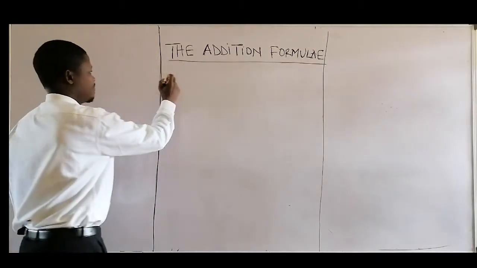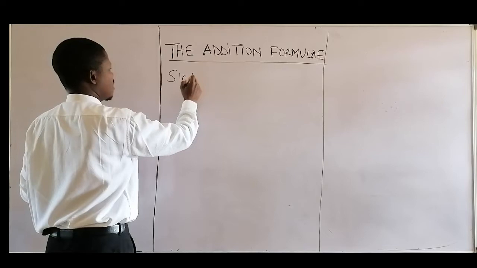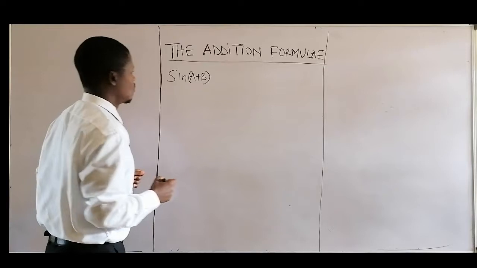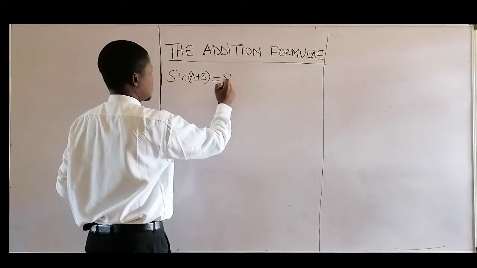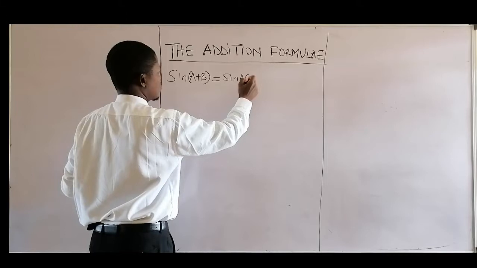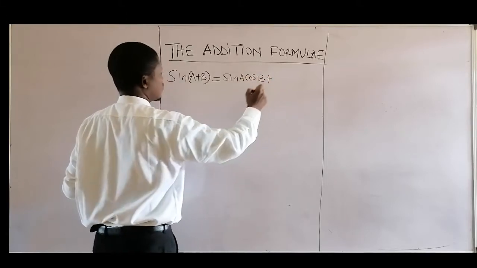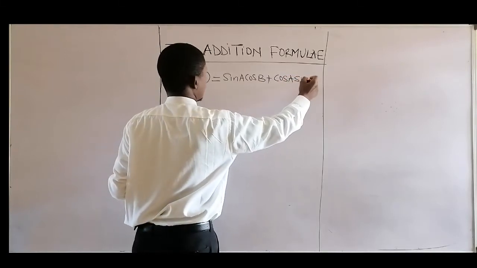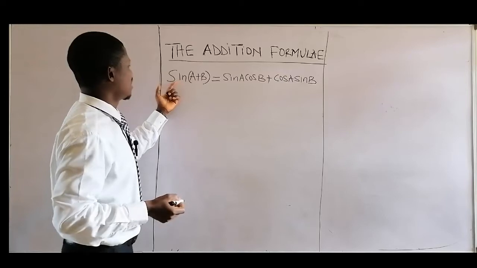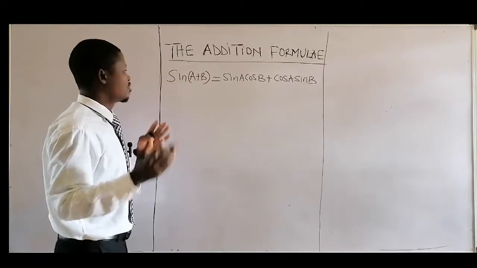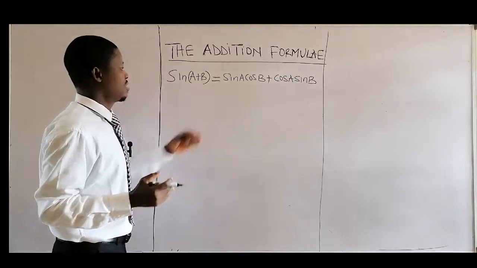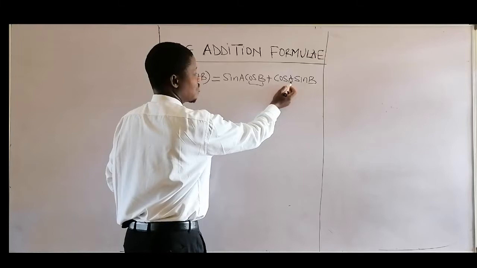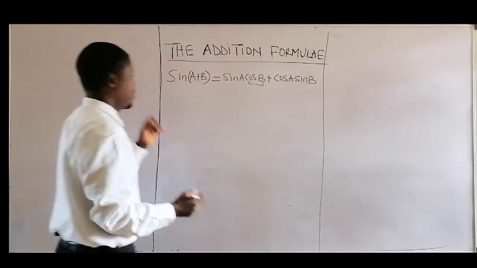We want to look at sine A plus B, which will be sine A cos B plus cos A sine B. So when you are talking of sine A plus B, it's going to be alternating between A and B. Sine A cos B, and when you stop here at cos B, it will take the other angle, cos A and sine B.